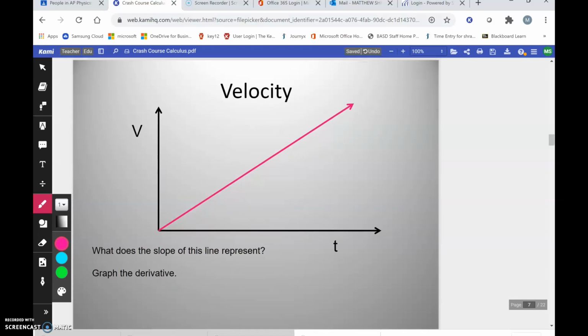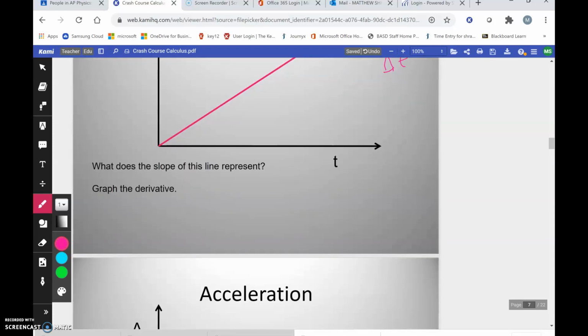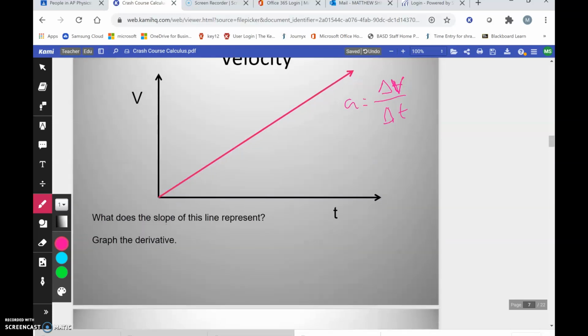Remember that the slope here is the change in velocity over the change in time. So this slope represents acceleration, and if I were to take the derivative of that velocity function, so here I had v equals v naught plus at, where v naught is a constant, a is a constant, v is our function, and t is our variable.